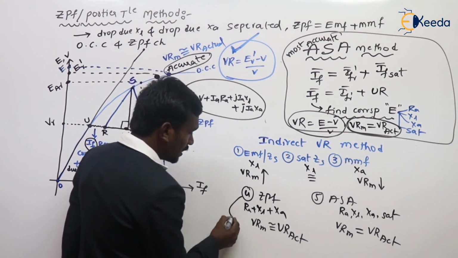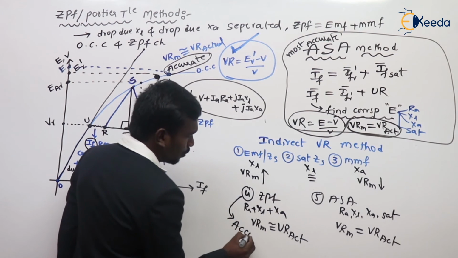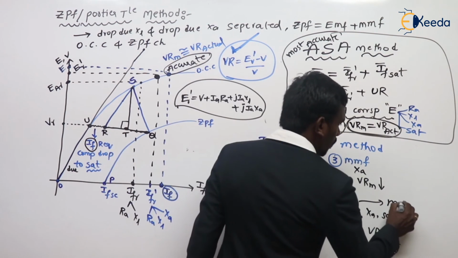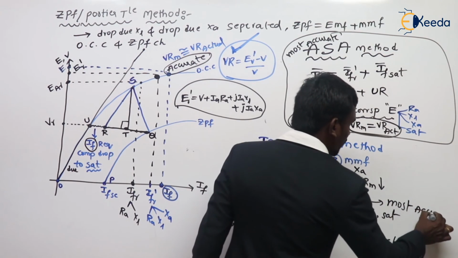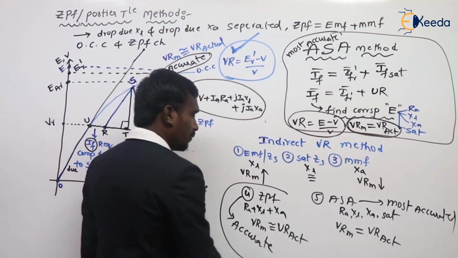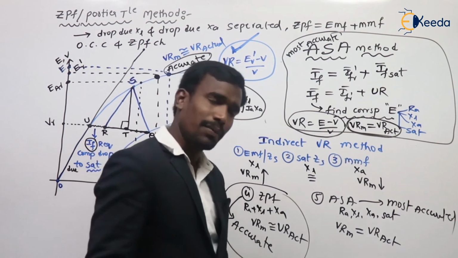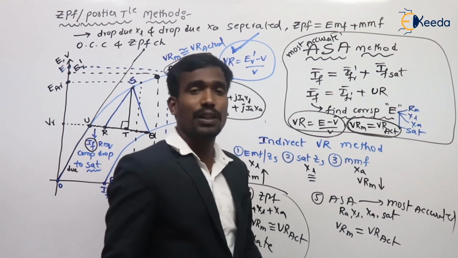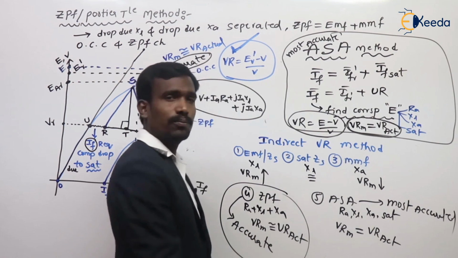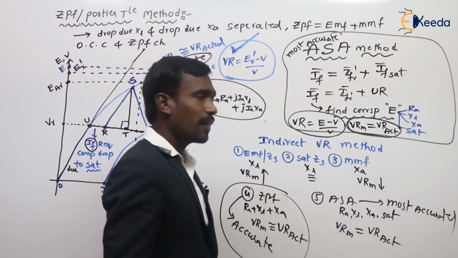The ZPF method is an accurate method, and the ASA method is the most accurate method. But generally we use the ZPF method; it is the most used.